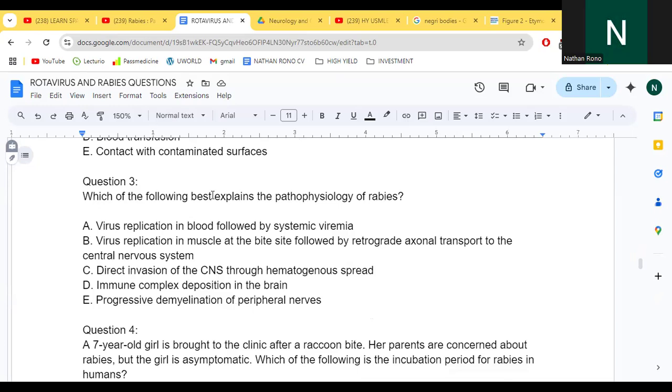Which of the following best explains the pathophysiology of rabies? Virus replication in blood followed by systemic viremia. Virus replication in muscle at the bite site followed by retrograde axonal transport to the CNS. Direct invasion of the CNS through hematogenous spread. Immune complex deposition in the brain. Progressive demyelination of peripheral nerves.